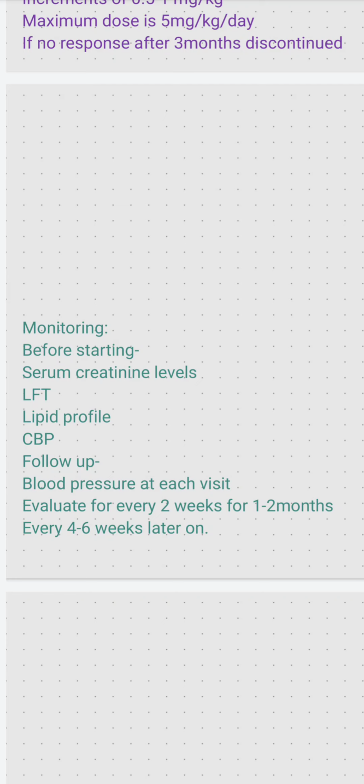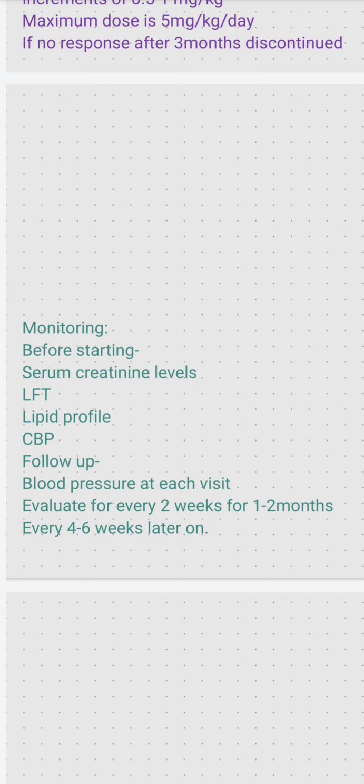We have to take at least 2 baseline creatinine levels a day apart. And then there is a requirement for liver function tests, lipid profiles, and complete blood picture. I have written complete blood picture at the end, but it is the usual first investigation that we do. But depending upon the importance, it is the serum creatinine level that should be taken into consideration first.